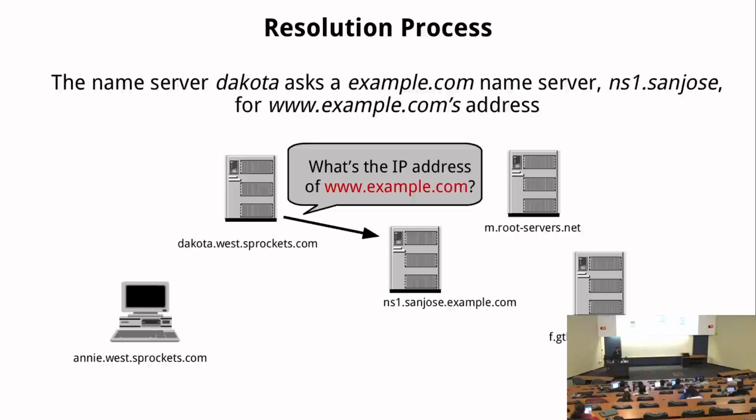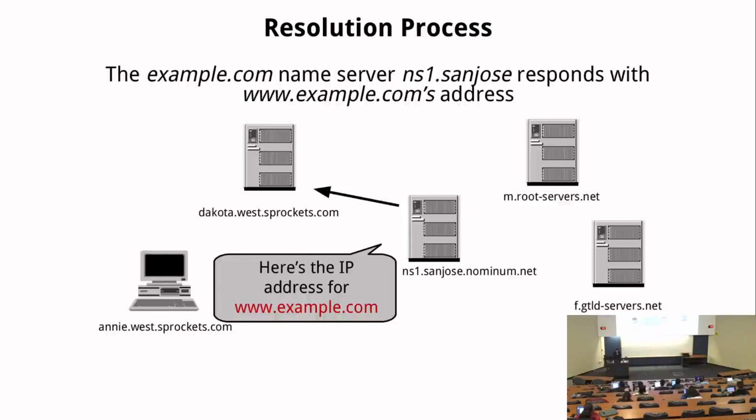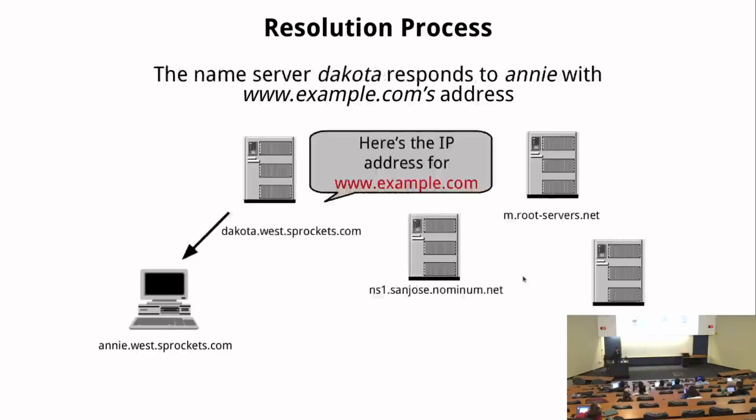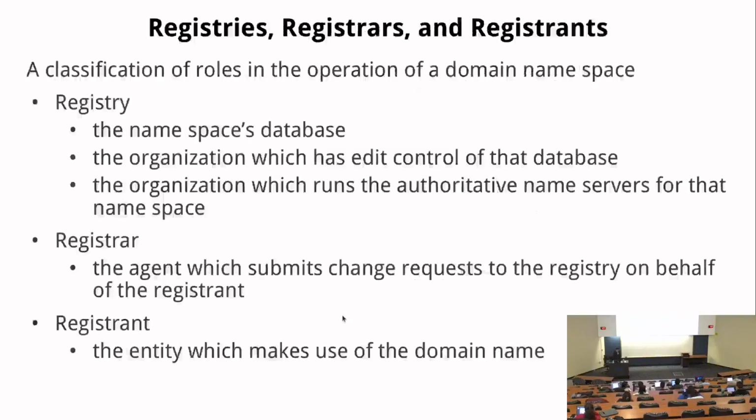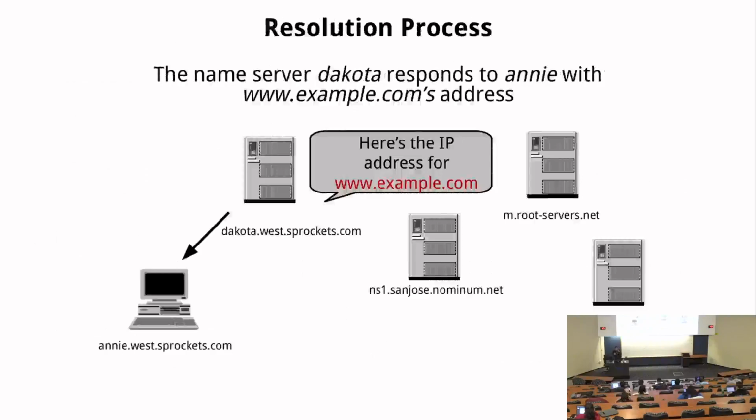And eventually, one of the name servers, for example ns1.sanjose, will say, hey, I know the IP address, and give that to Dakota. Then eventually, Dakota will return that to Annie. So Annie, this host, will be able to talk to 3w.example.com. So that is how it works.